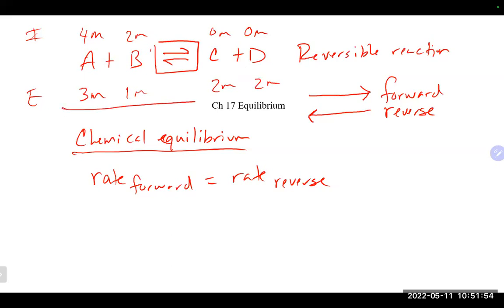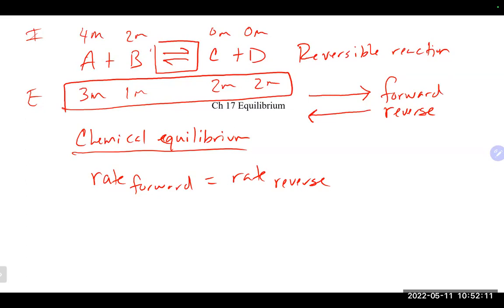Those made-up concentrations will pretty much remain the same. They won't change, because as you make some products, you'll make some reactants. So it creates a balance.